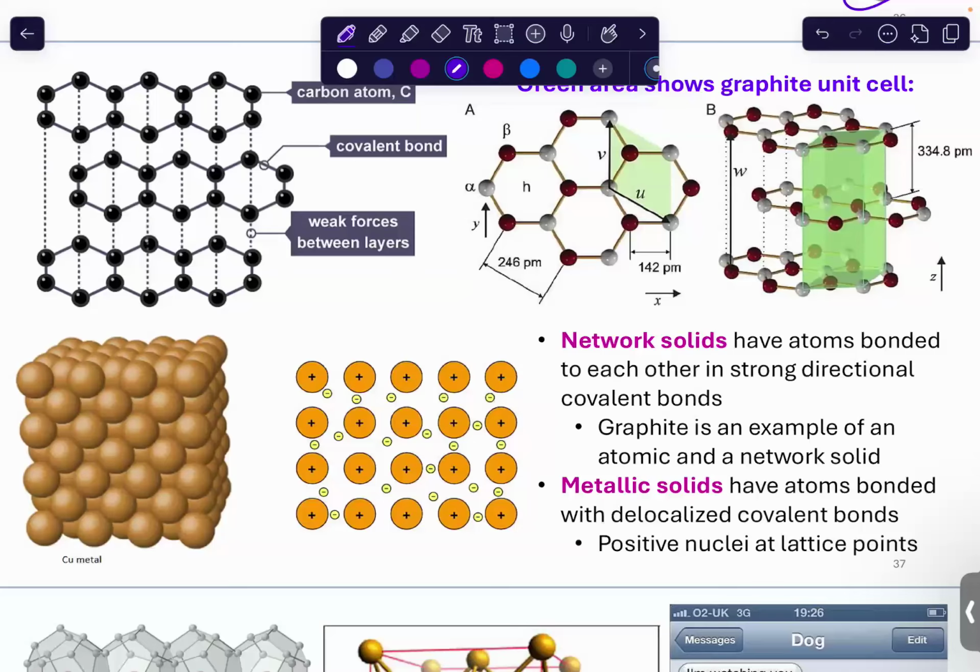The metallic solid does form a type of covalent bond, but what does the metal do and what will that put at each lattice point? It has to be positive. So the positive nuclei of the metal atoms will take up the lattice points.